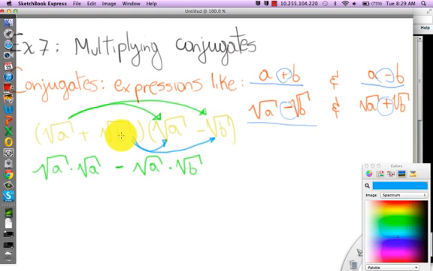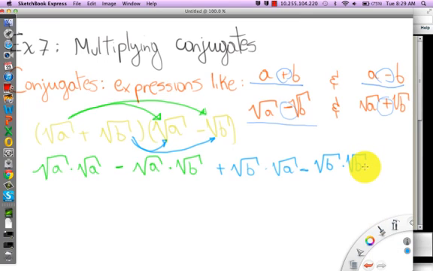So I'm going to have a positive square root of b times the square root of a, and positive times a negative is a negative, and I'm going to have a negative square root of b times square root of b. So let's go ahead and see what we have next.